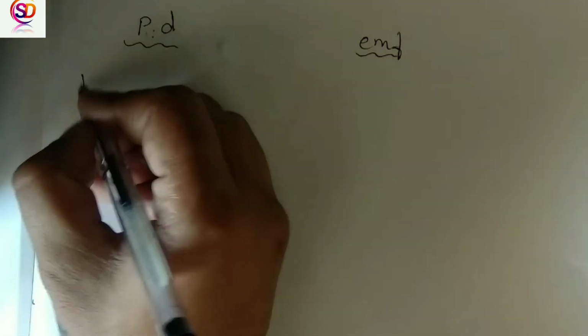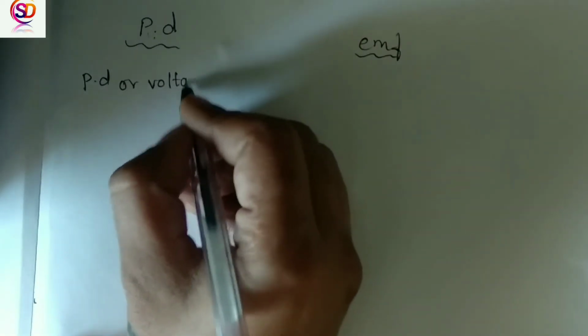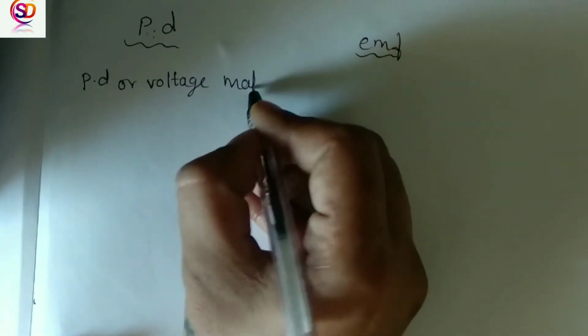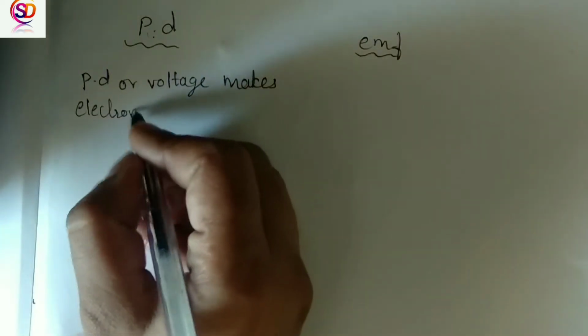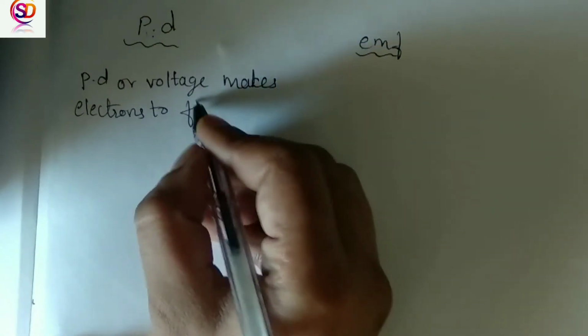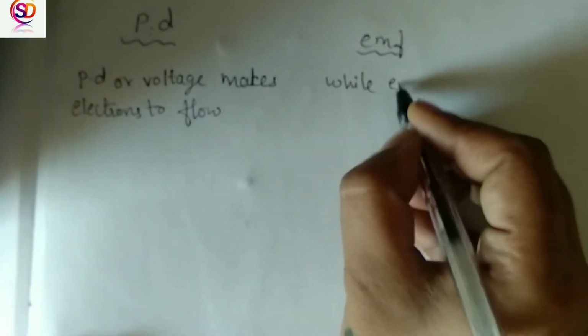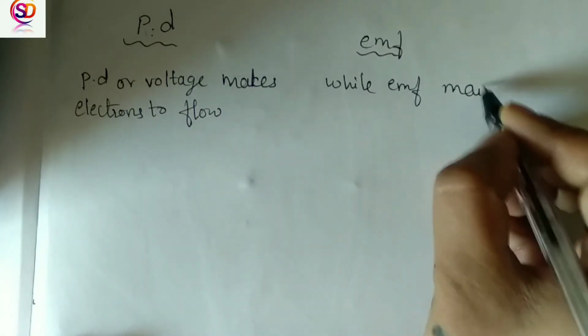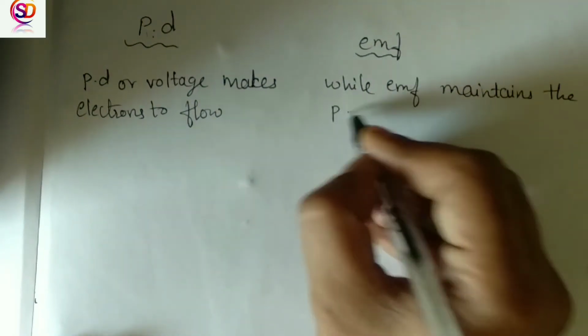So we can distinguish PD and EMF like this. PD, or voltage, makes electrons flow, while EMF maintains the PD.